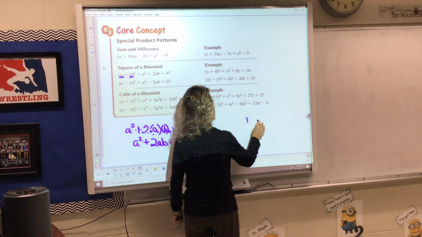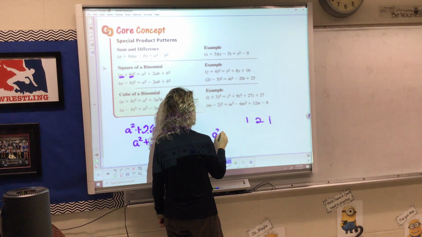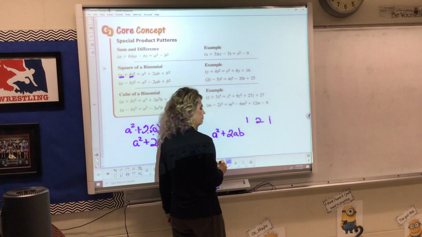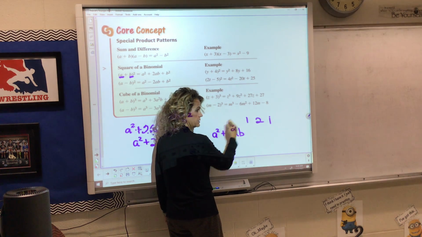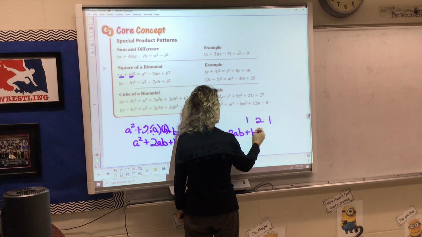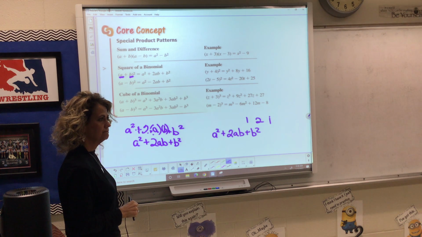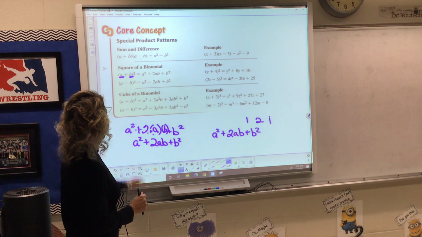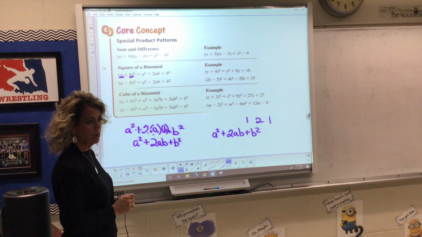As with 1, 2, 1 on Pascal's triangle, a squared plus 2 times the first term a times the second term b, yes? Because a's go down, b's go up, yeah? How's that different? It's not, is it? The key here, be sure if it's negative, keep the sign with the number, all right? Questions?